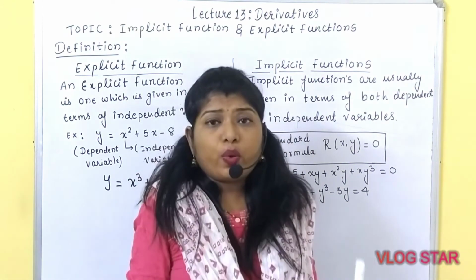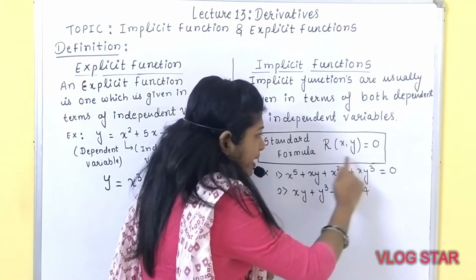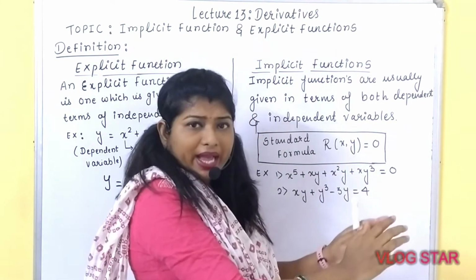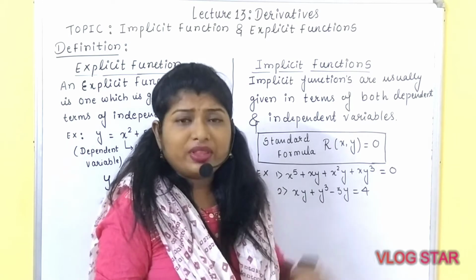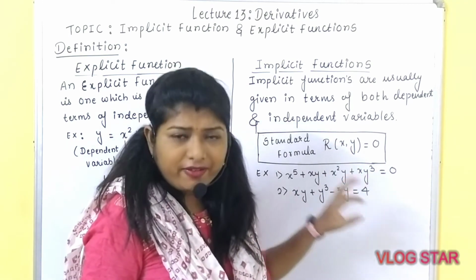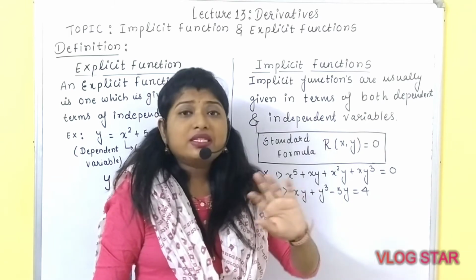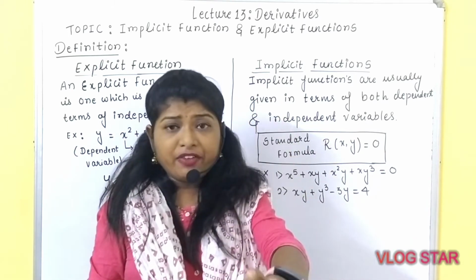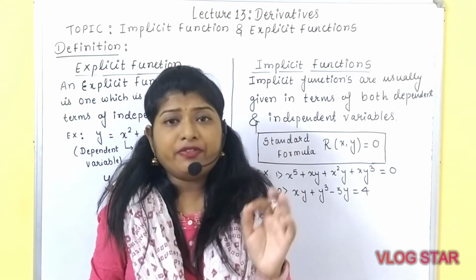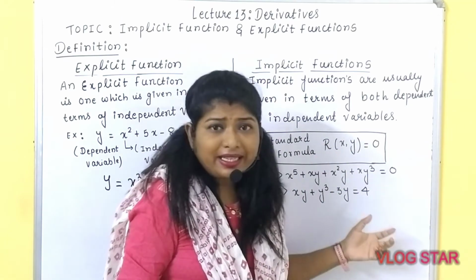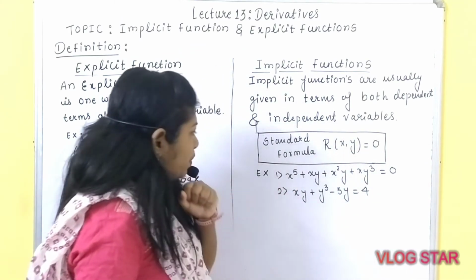If the given equation is in this format, f of x comma y is equal to 0, this is a real valued function, and if that value is equal to 0, simply identify it as an implicit function. To understand this concept, let's consider some examples.